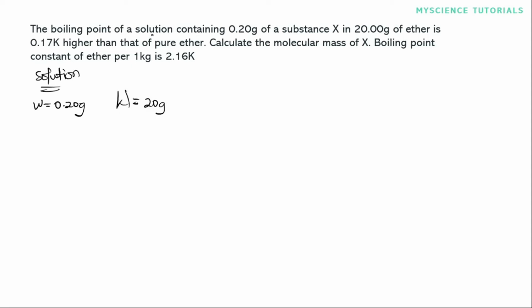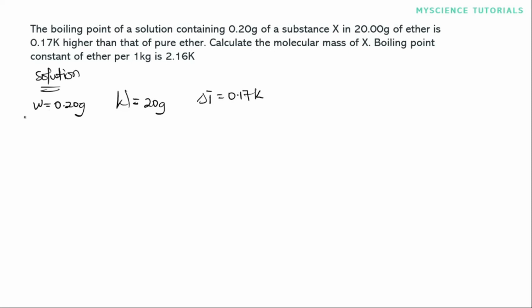The change in boiling point as a result of this, delta T, is 0.17 Kelvin higher than that of pure ether.